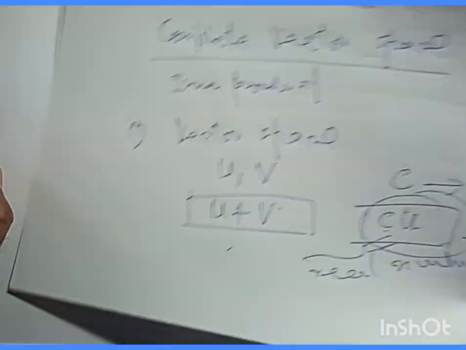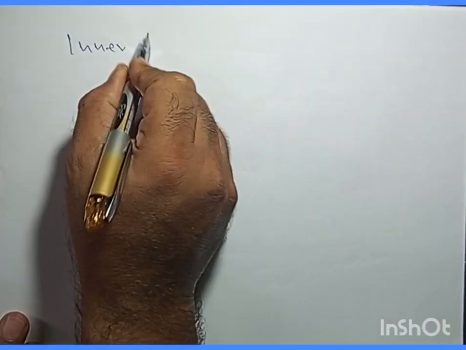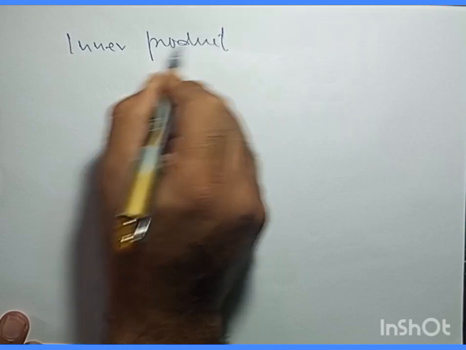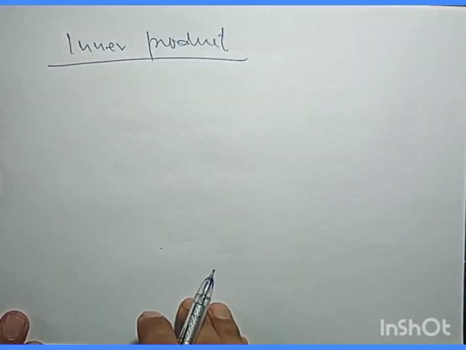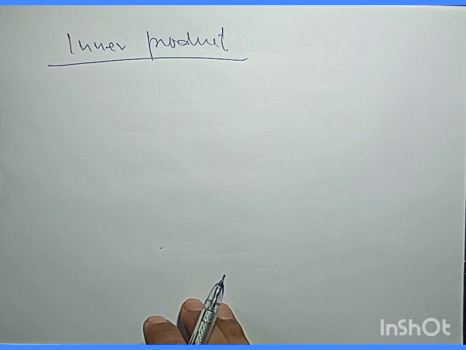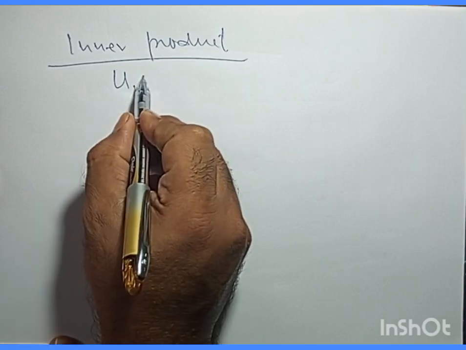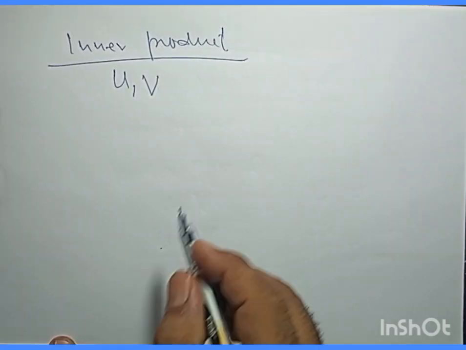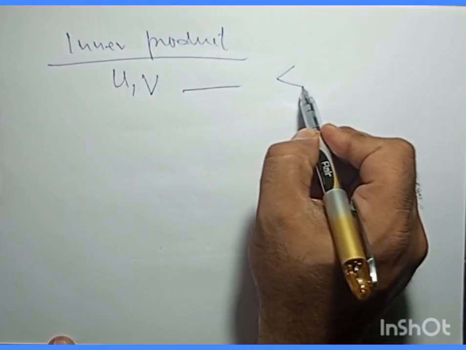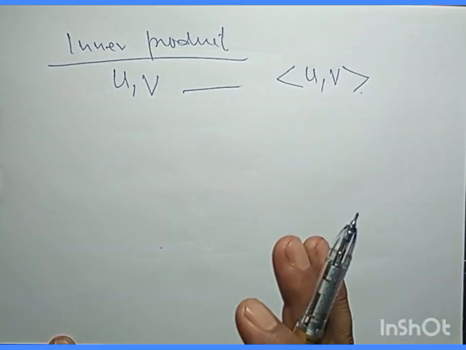Now, the next thing is the inner product. To talk about this inner product, we have the two vectors, the vector u and vector v. Their inner product is defined as <u, v>.